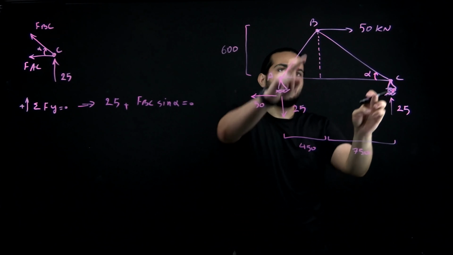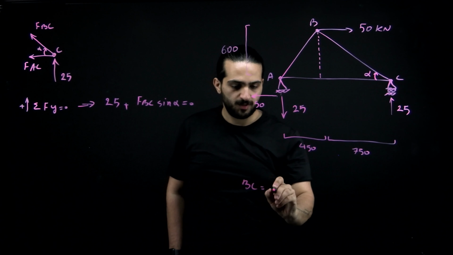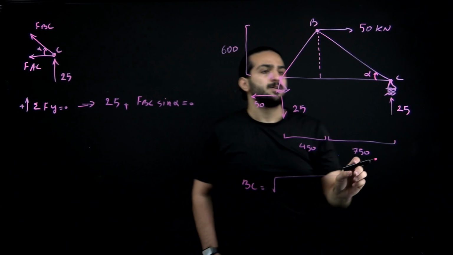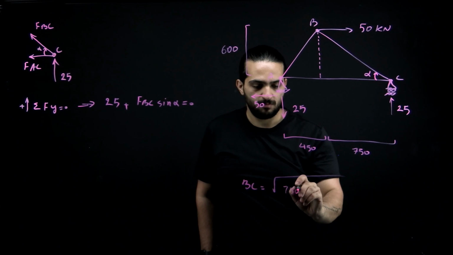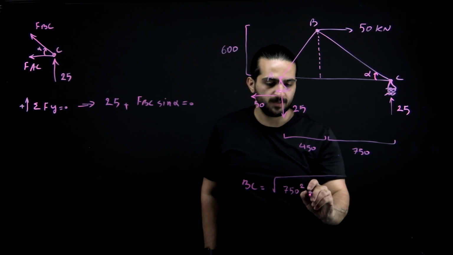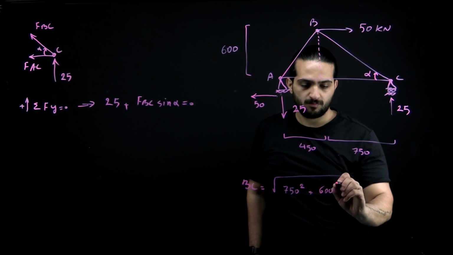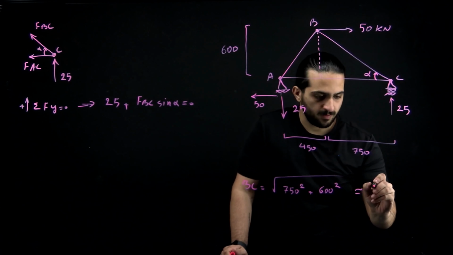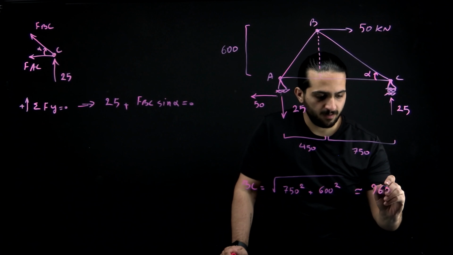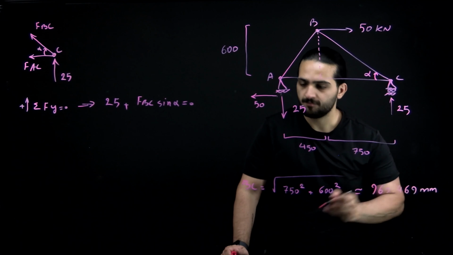So the length of BC would be the square root of 750 to the power of 2 plus 600 to the power of 2, which is approximately equal to 960.469 millimeters.